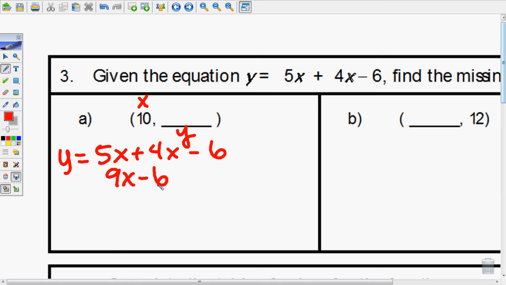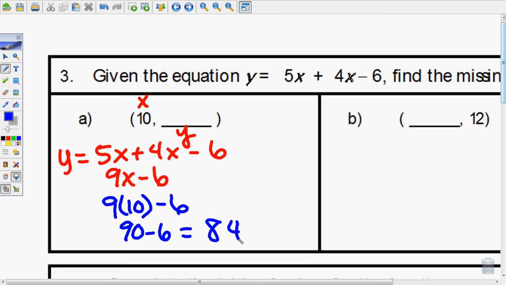To find x equals 10, I'm plugging in 9 times 10, which is 90, minus 6 is 84.